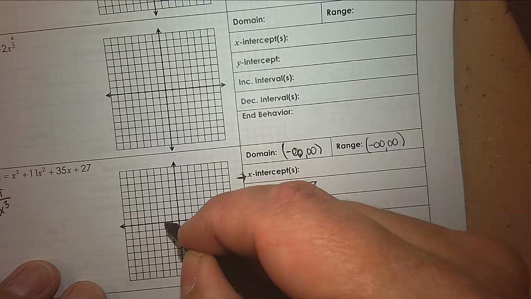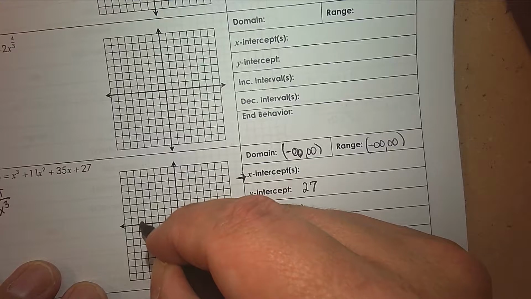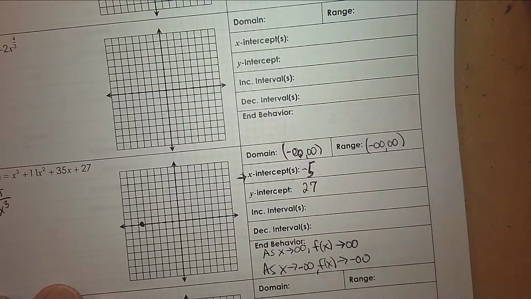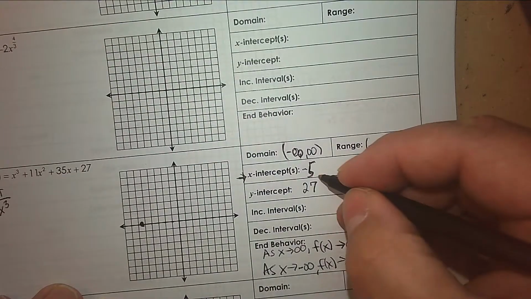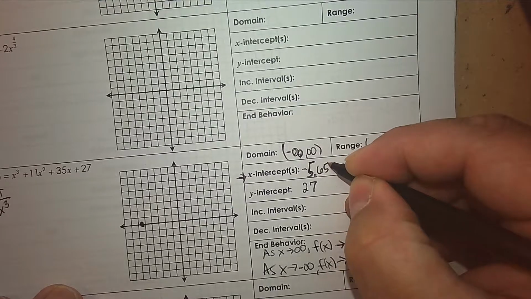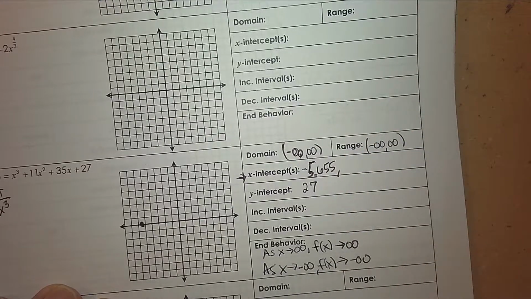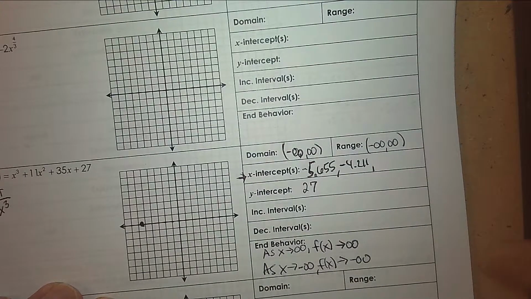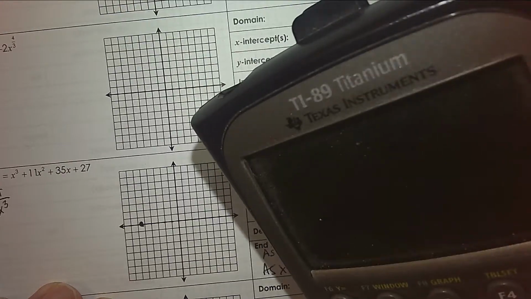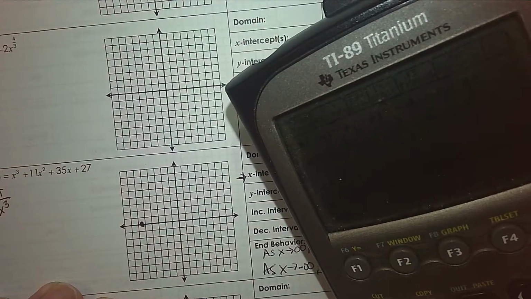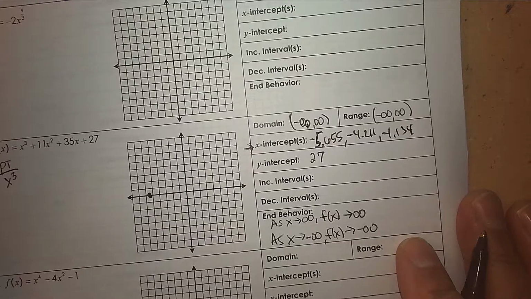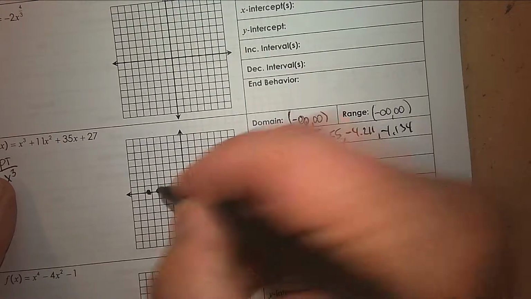So 1, 2, 3, 4, 5. So negative here. I'm just going to round. So it's negative 5.655. What's the other zero? Negative 4.211. And then the last one was negative 1.134. Alright, so I'm going to put those on my graph, approximate them.